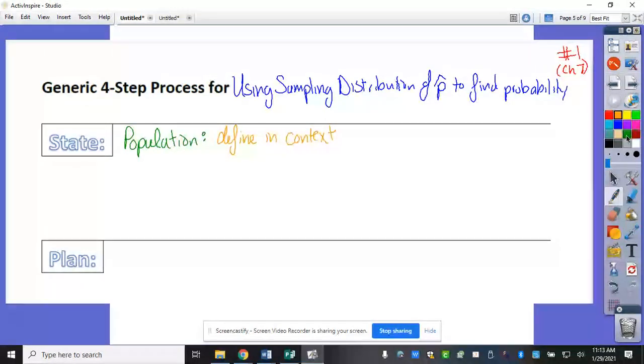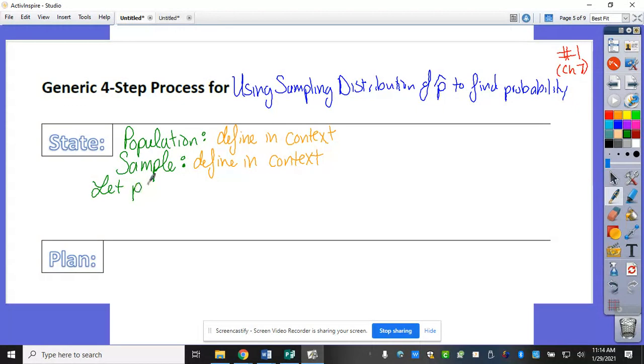All right, so I've written population. So now I write what? Sample. What am I going to write beside of that in orange? Defining context. Then I need to define what?